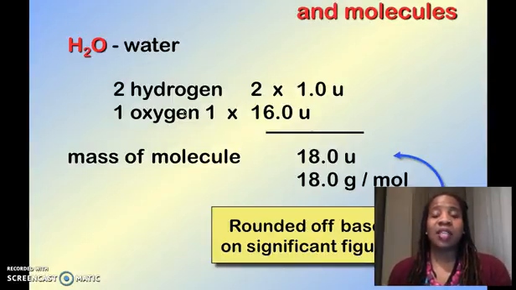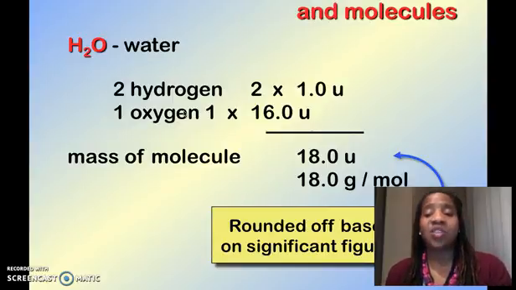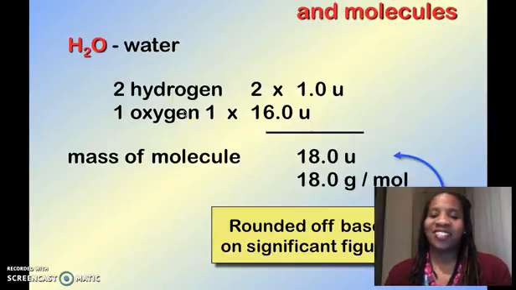That means 18 grams is 1 mole of water molecules. Well, the density of water is 1, so 1 gram per milliliter. So that means if I have 18 milliliters of water, I have 18 grams of water. If I have 18 grams of water, I have 1 mole of water. Isn't that cool? I think so.